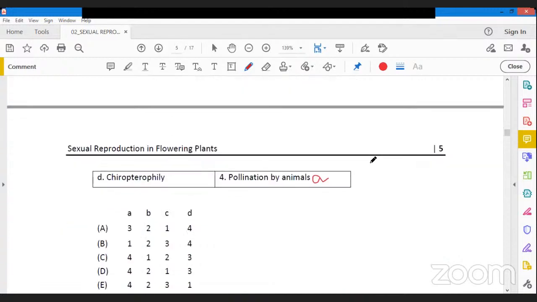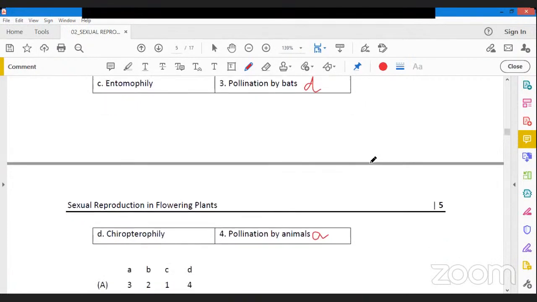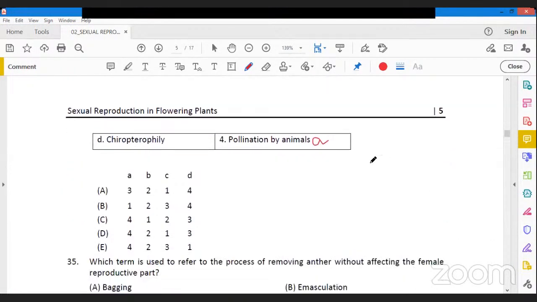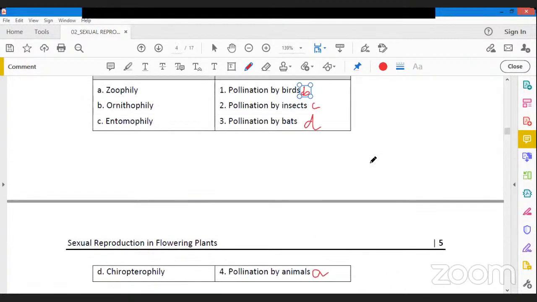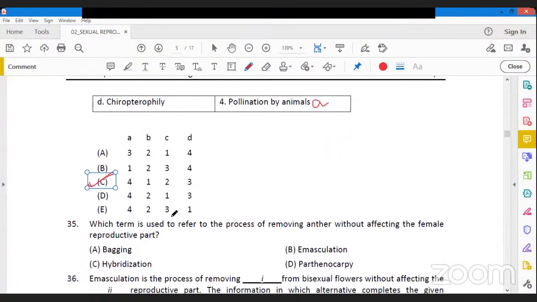So A4, B1, C2, D3. Okay, C is the correct answer here. Just a second, students.